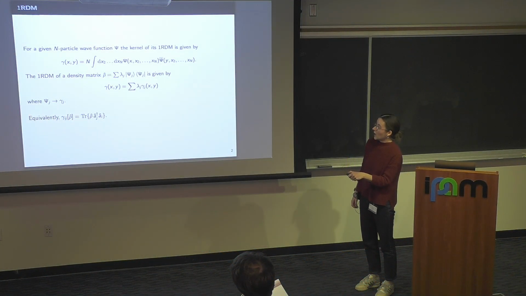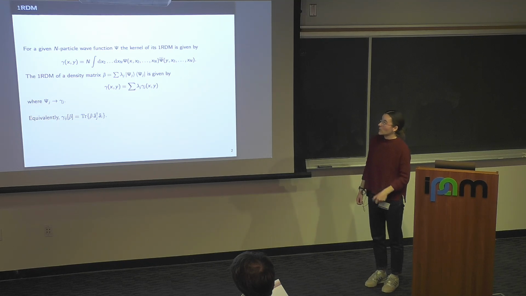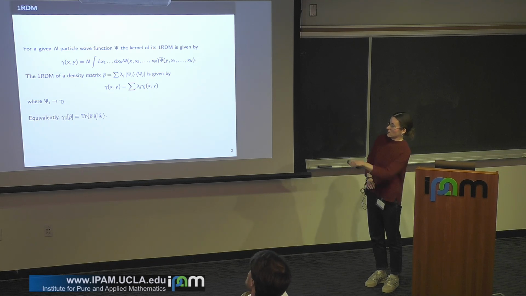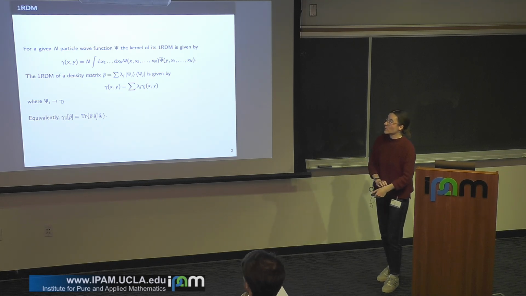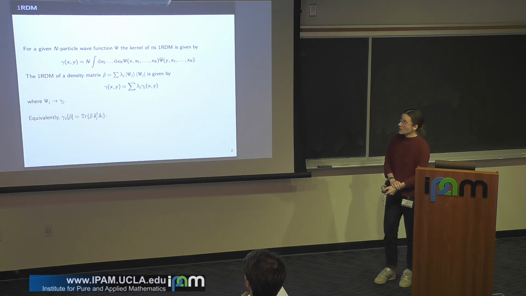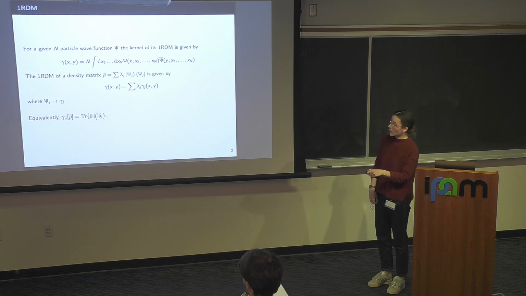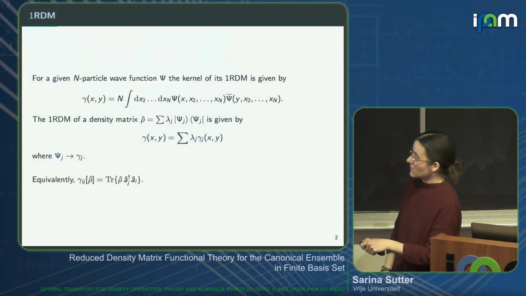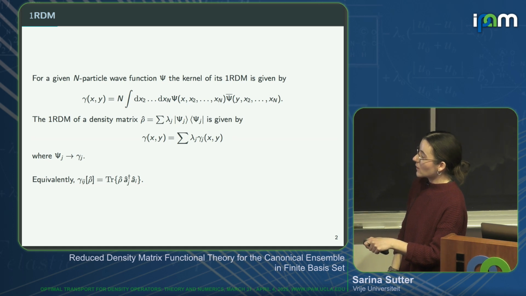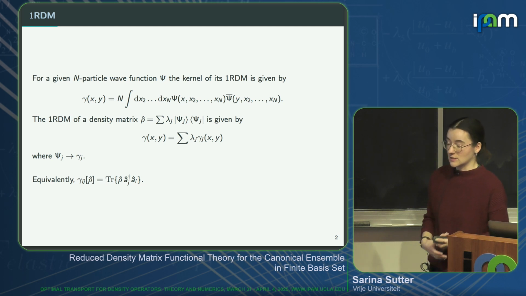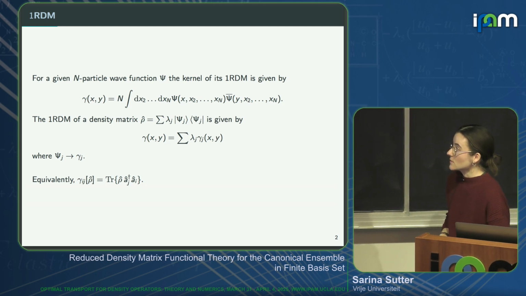We have the wave function and its complex conjugate, and we integrate out n-1 particles, and here we have the normalization constant. And for a density matrix of the following form, the 1-RDM is given by having the same weights, and then we take the 1-RDM of the wave function that produced the density matrix.